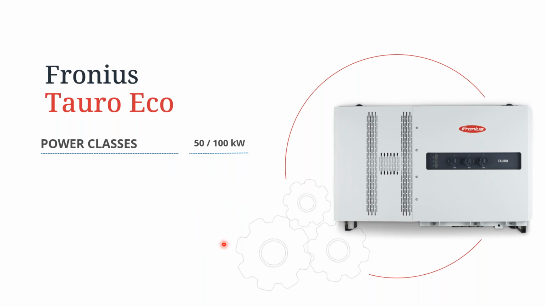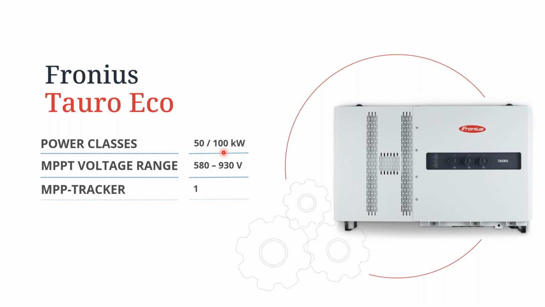We also have an eco variant of the Tauro inverters, and this eco variant has 2 power classes, 50 and 100 kilowatts, with an operational voltage from 580 to 930 volts. The big difference between the Tauro standard and the Tauro Eco is that the Tauro Eco has 1 MPPT for each power class, that is 50 and 100 kilowatts.